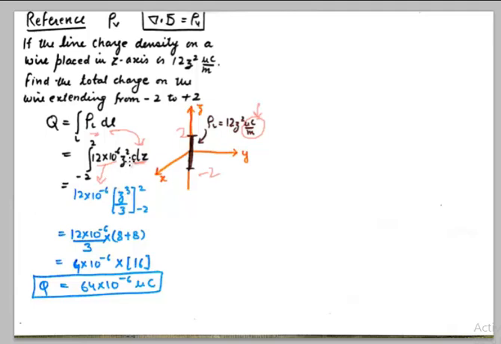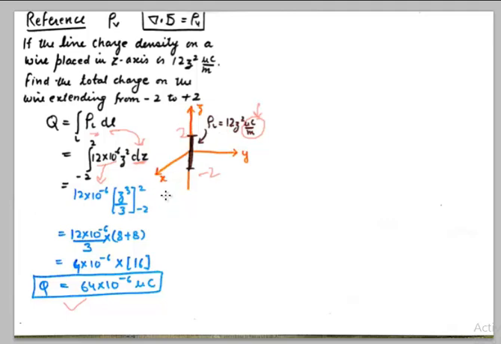Integration of z square is z cubed by 3, going from -2 to 2. So we get 12 into 10 to the -6 upon 3 into 8 plus 8, 16. So it becomes 64 microcoulomb.